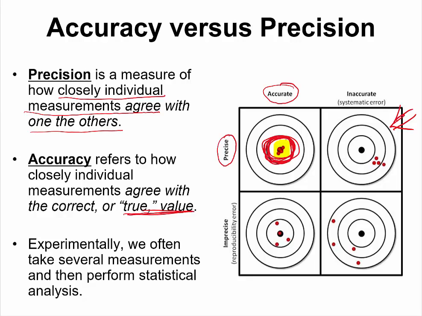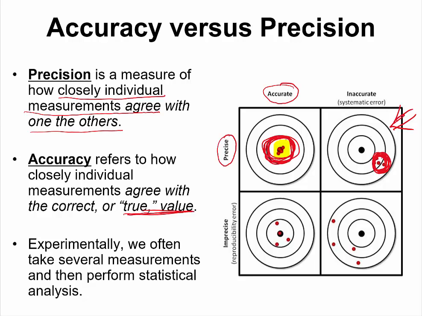In this figure, all the darts missed the target. However, they are all in agreement. You see a cluster of them in just one region. This is what we say is precise, because they are in agreement with one another.